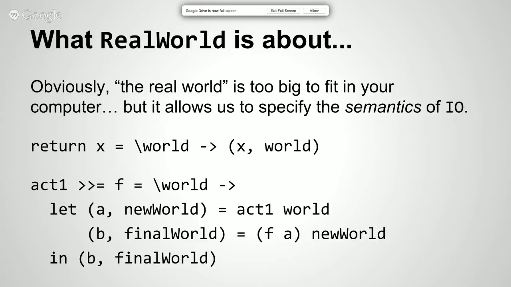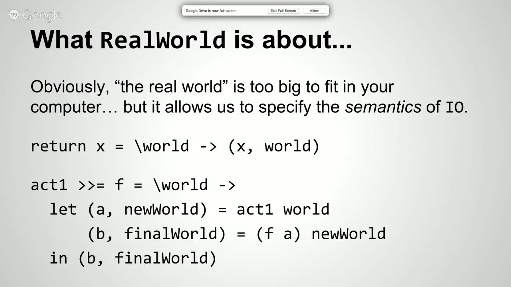The only thing about that that's important or realistic is that this semantics says action 1 definitely happens before f, because we don't have this new world that the B computation requires. We don't have this A until we've run action 1.